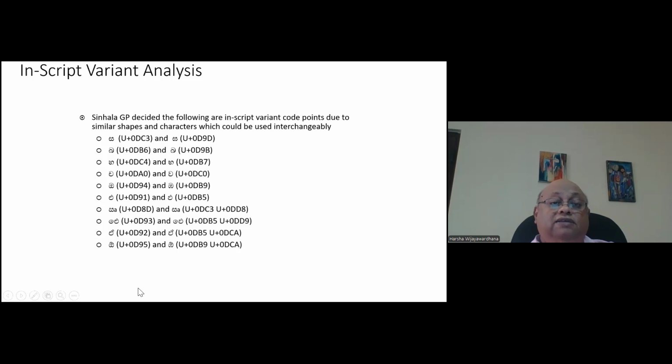So these are the ones the generation panel had decided are in script variant code points, due to similar shapes and characters, which I talked to you about. The first one is a sir and g, they look very similar. So the b and her, you can see, her and b, ch and v.